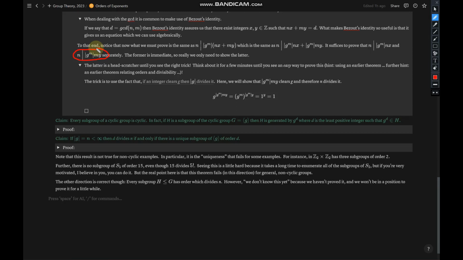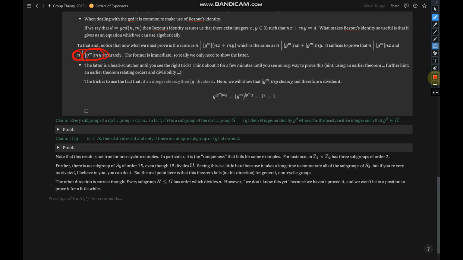That's exactly what we'll use here. n just is the order of g. So if we're going to use this result, what we want to do is show that this integer clears g. Then we'll have this divisibility result.